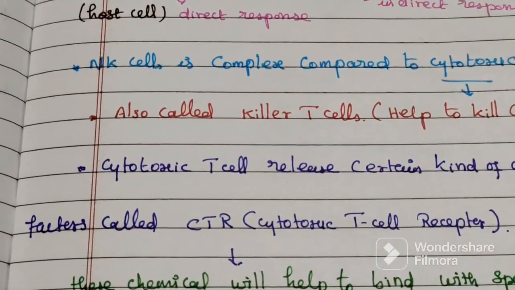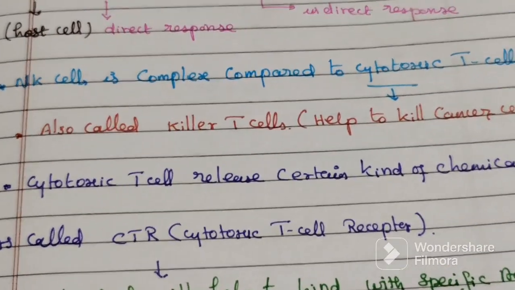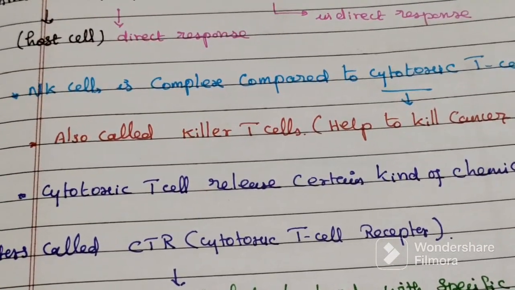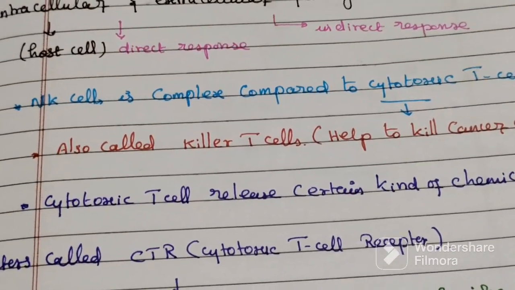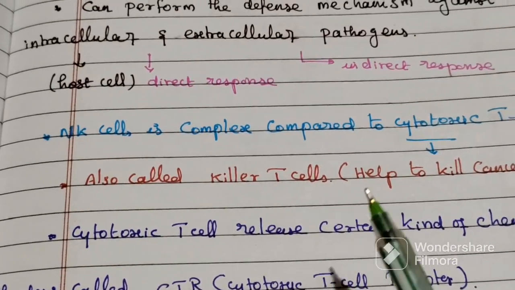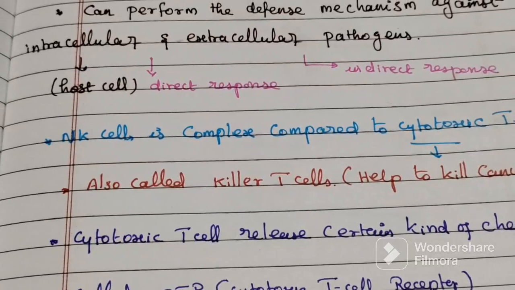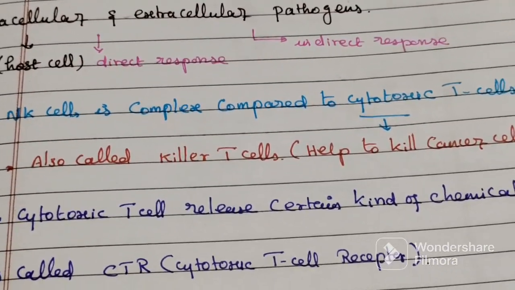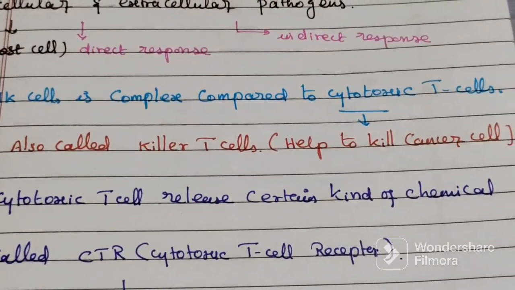NK cells are complex compared to cytotoxic T cells. Why is it complex? Generally, cytotoxic T cells are also called killer T cells because they help to kill cancer cells.